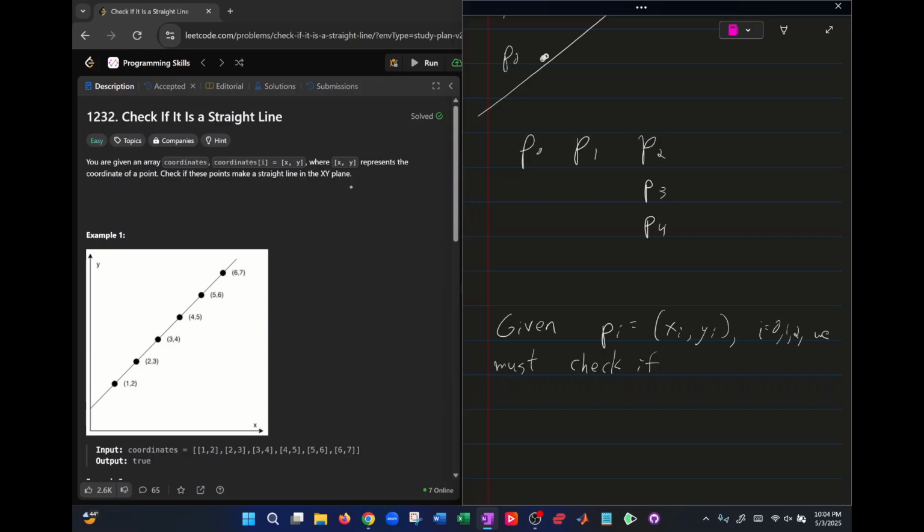We must check if the slope between points 0 and 1, okay, so what is the slope going to be?